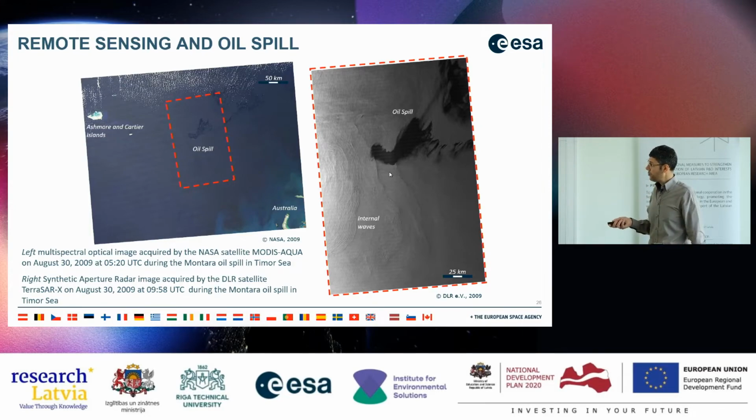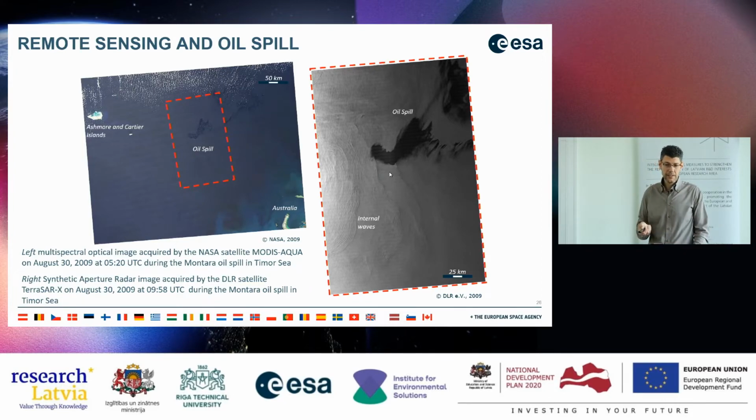And on the right-hand side, you see the same scene in the SAR image acquired by TerraSAR-X, covering the area given by the dashed line. It was acquired 3 to 4 hours after the optical image. You see they quite match each other.